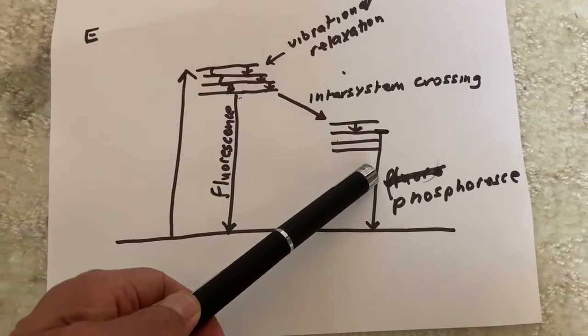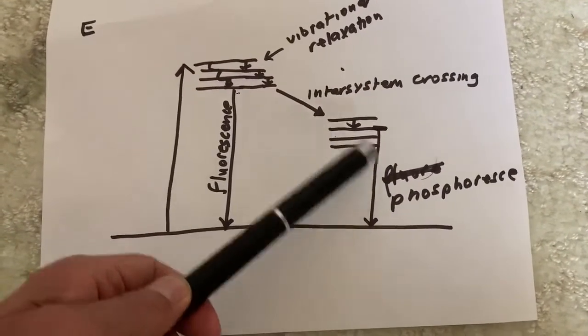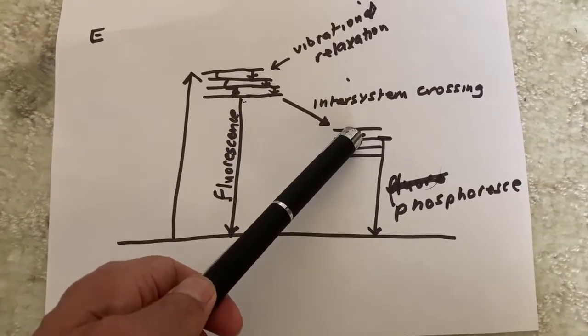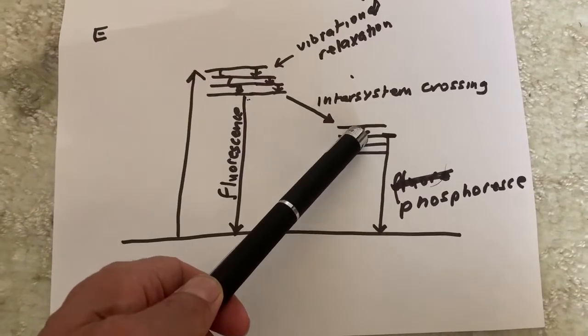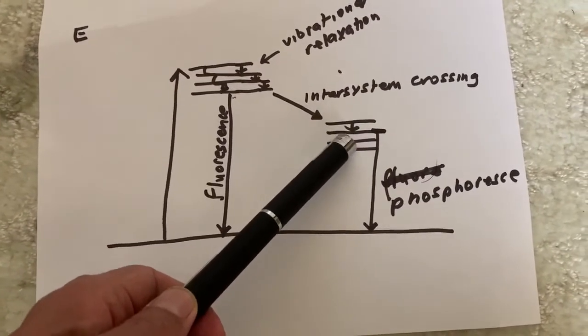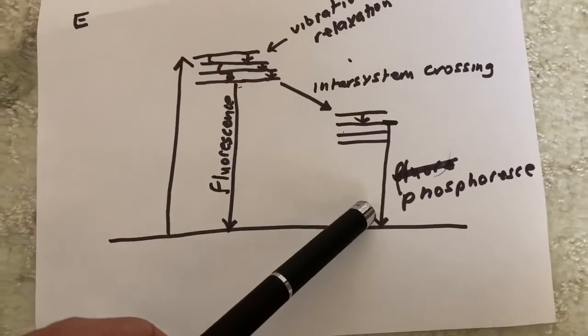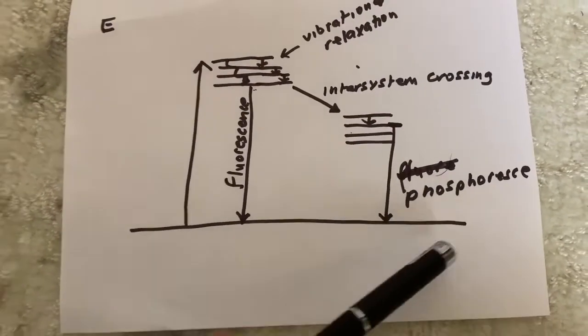And this process is called phosphorescence. You can have the same kind of vibrational relaxation occurring here. We can drop down to lower levels before it emits its final photon.